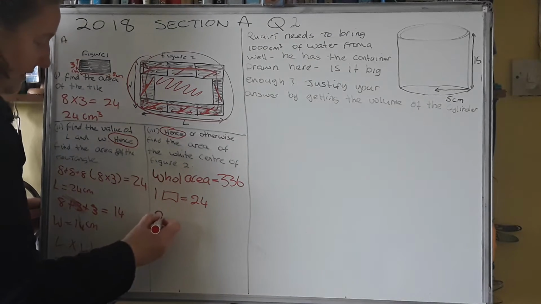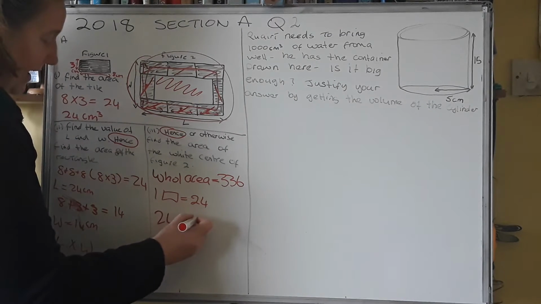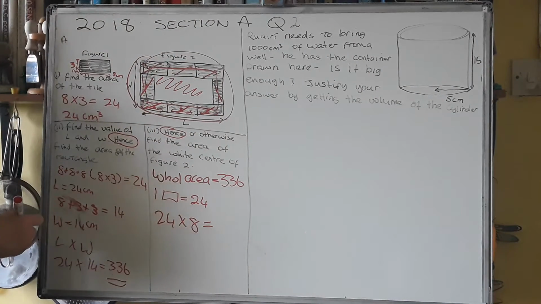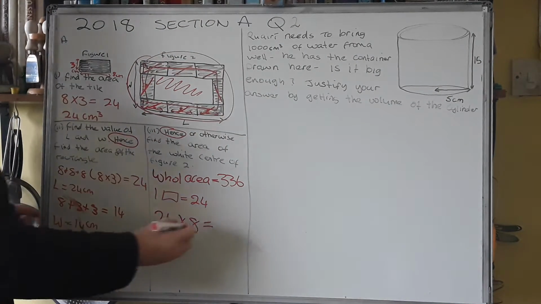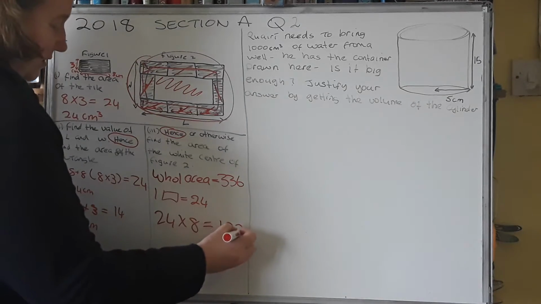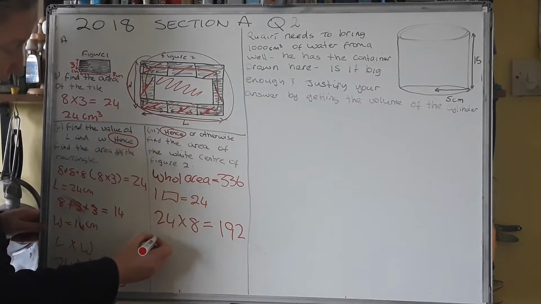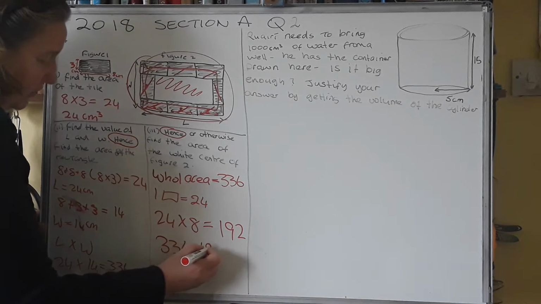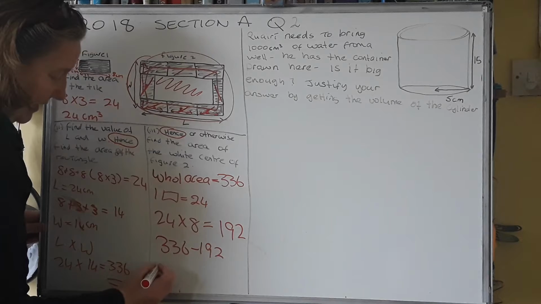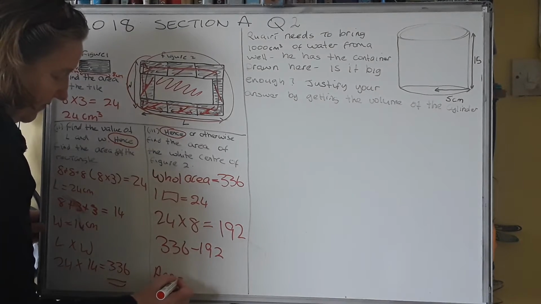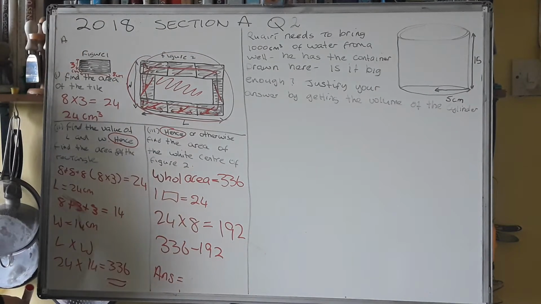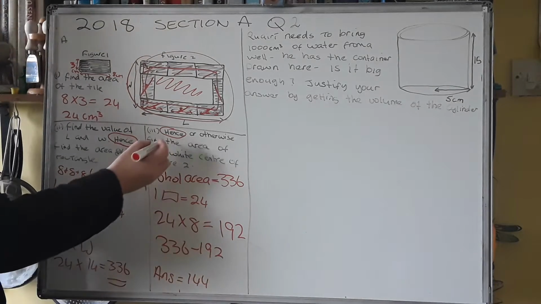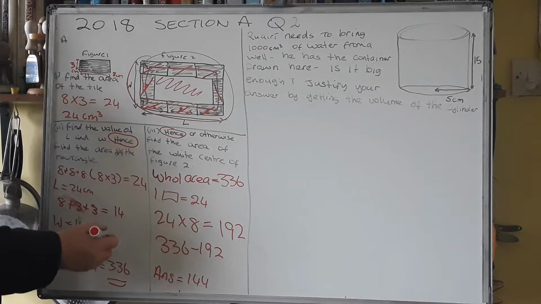So if you do 24 multiplied by 8, that'll give you the area of that outside bit, and 24 multiplied by 8 gives you 192. So simply subtract them. So 336 minus 192, and your answer is 144, and you're getting area, so always write in what it is.